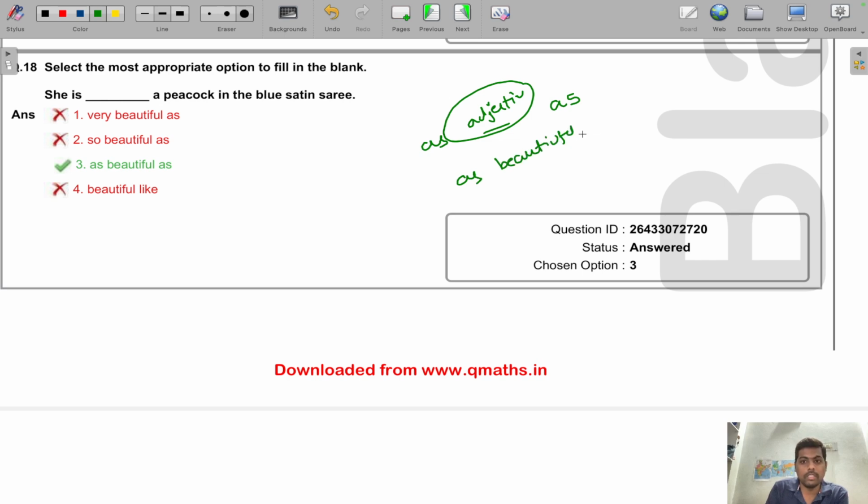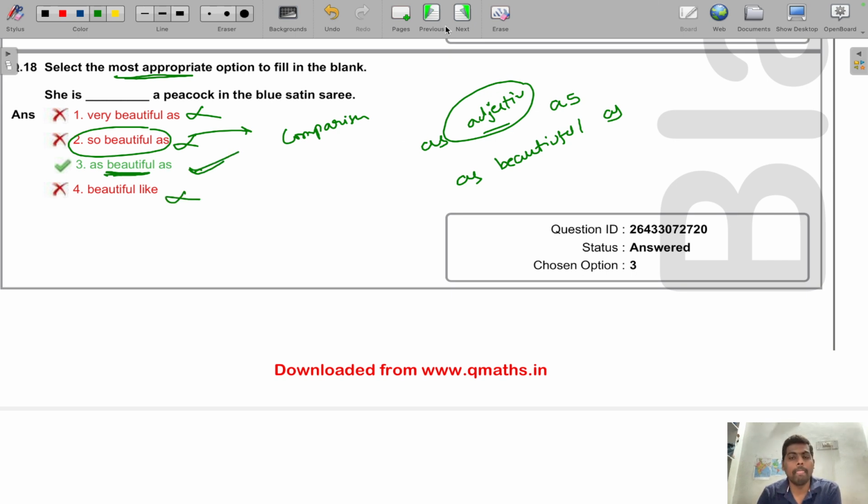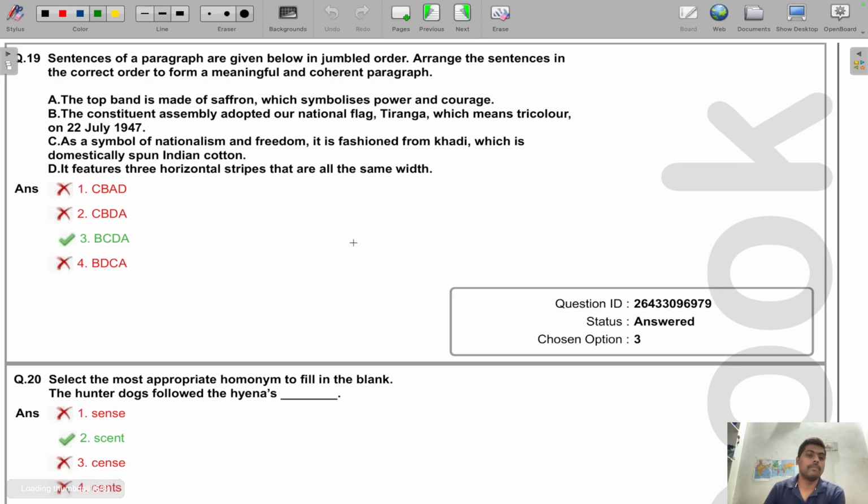"Very beautiful as" you can't use, and "beautiful as" is not possible, because they are asking for the most appropriate option. That form is only for comparison, and we are not trying to make any comparison. So it is "as beautiful as", the most appropriate answer, guys. Now let us see the next question.